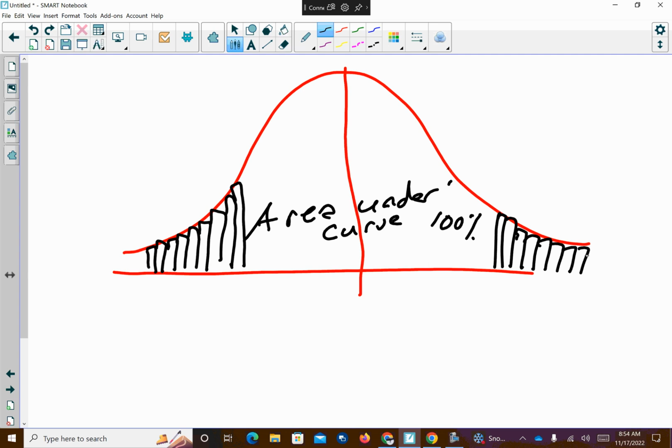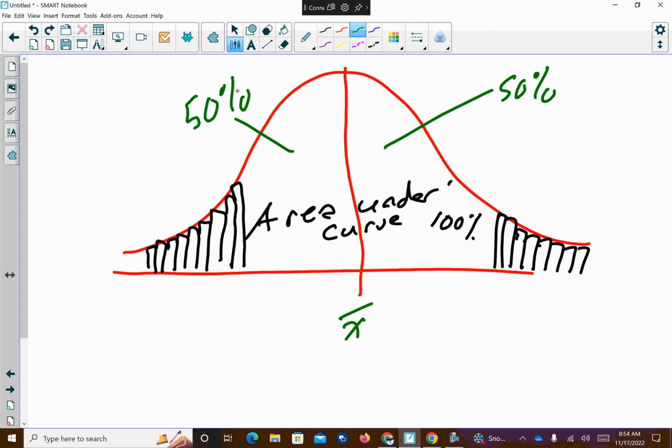Okay, in order to find the area of a rectangle, it's length times width. If I were to take all those lengths and widths and add them up, I would get to 100%. On this side of the mean, you would have 50% of your data, and on this side of the mean, you'd have 50% of the data.